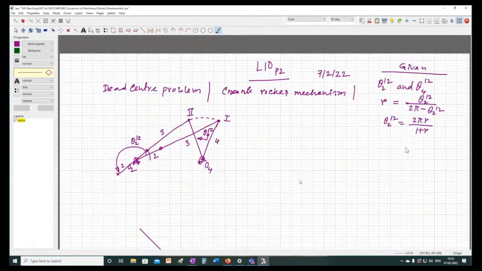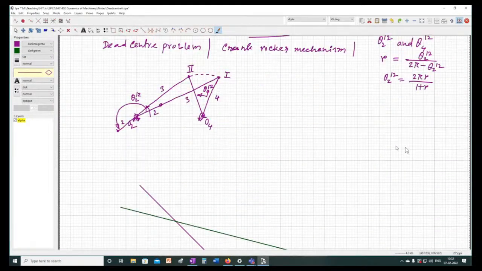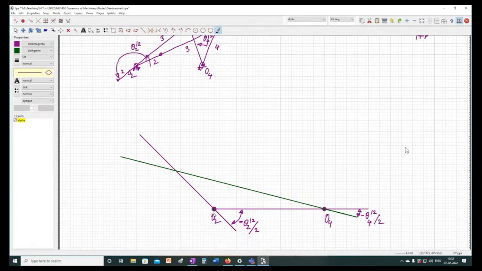These two angles are given in the problem. So first step, we have drawn these two lines which are inclined this way, and the intersection point is called the relative pole of O2 and O4. So this relative pole is R12.